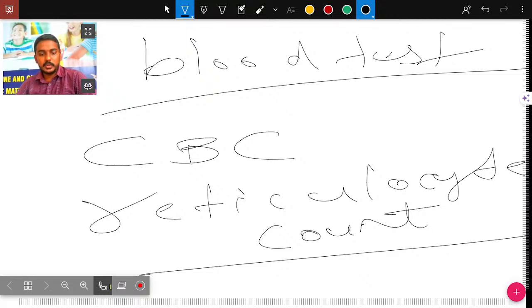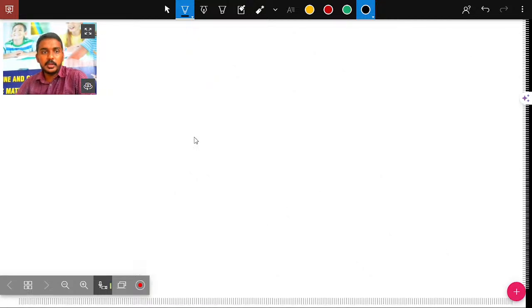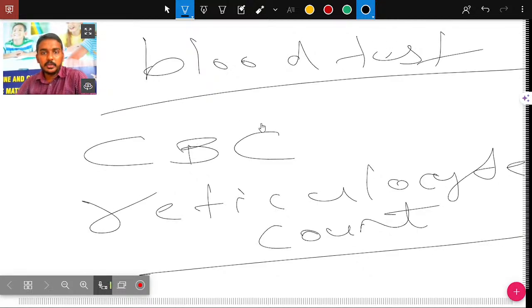Let's see what I can find about the reticulocyte count.